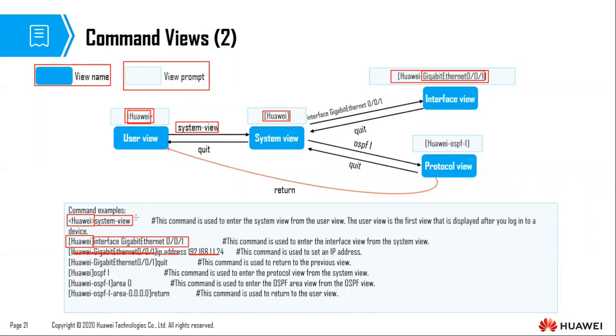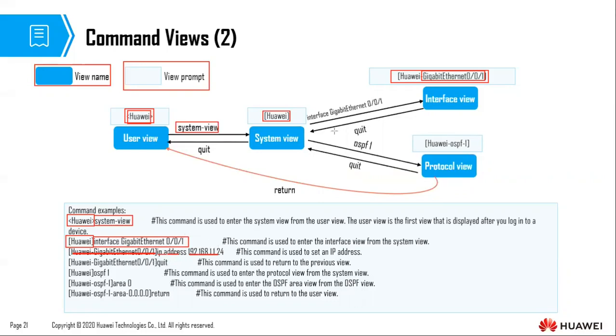Please remember that ip here is the command name, the keyword is address, and the parameters are the IP address and the mask. All of them are separated using a space. So ip space address space 192.168.1.1 space 24.